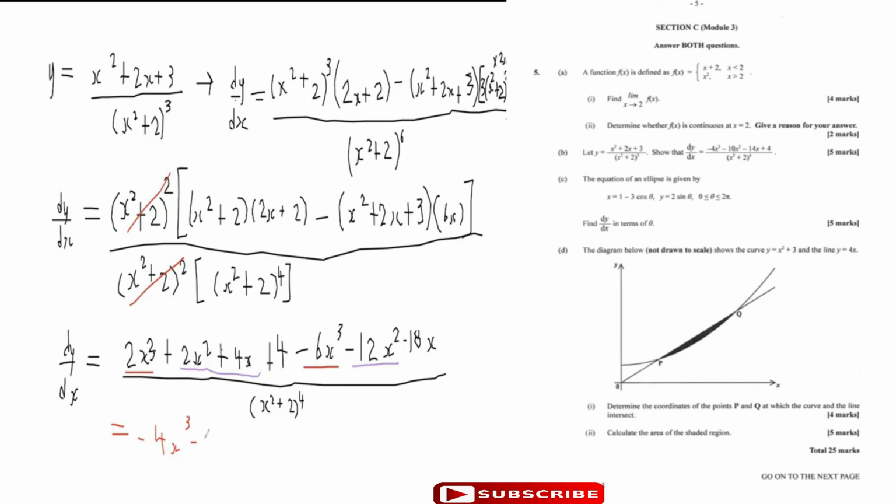And so this is how we get now the 2x squared minus 12x squared is now minus 10x squared. Then our 4x minus 18x is minus 14x, plus 4. And look there, we get what we're supposed to get now. And all of this is divided by (x squared plus 2) to the 4th power.